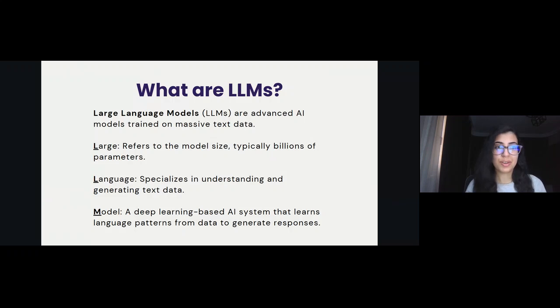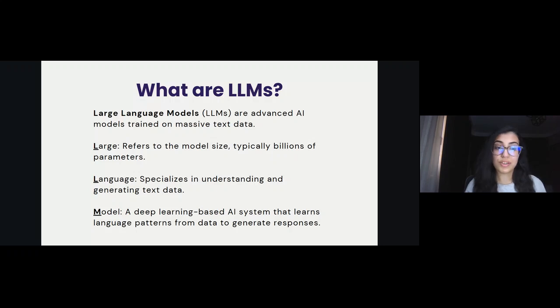And it's going to be time for the Q&A. So first of all, what are LLMs? LLMs are advanced AI models trained on a huge amount of text data. LLM stands for large language models, and the large comes from the model size, because the model size is huge and it is trained on so much data, so many parameters, billions even.